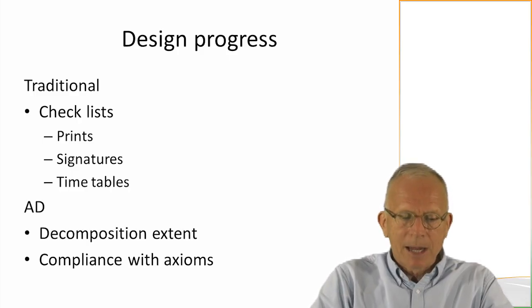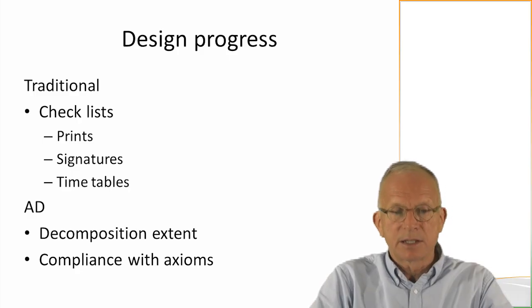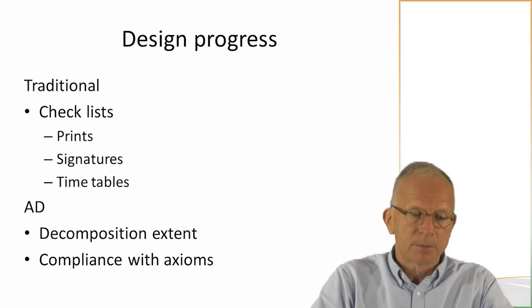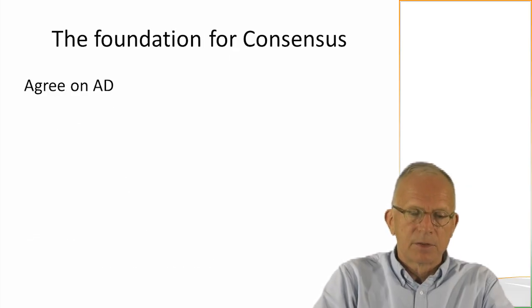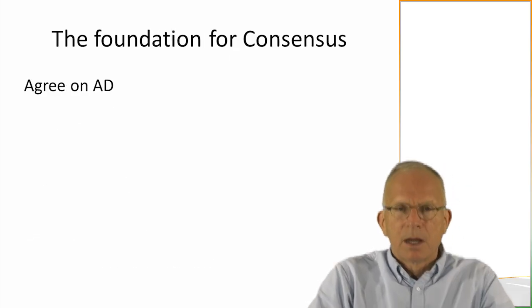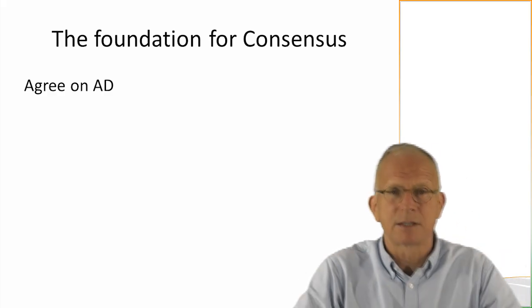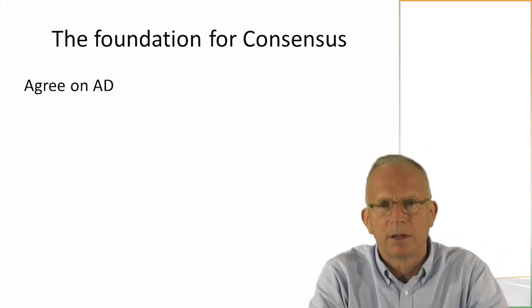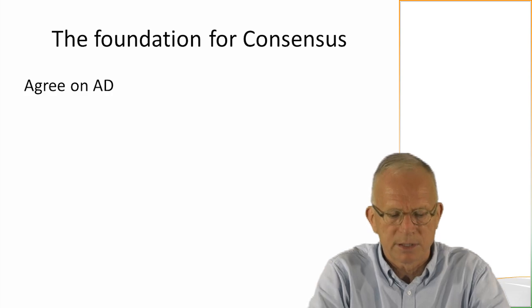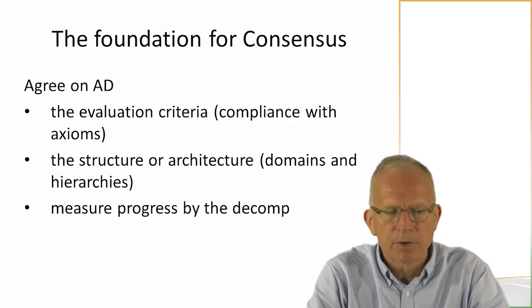If we use axiomatic design, we can look at, as we were saying, the extent of the decomposition and the compliance with the axioms for the design progress. Now, where is the foundation for consensus? Because consensus is important for being able to progress in the design. Well, first we have to agree on axiomatic design.